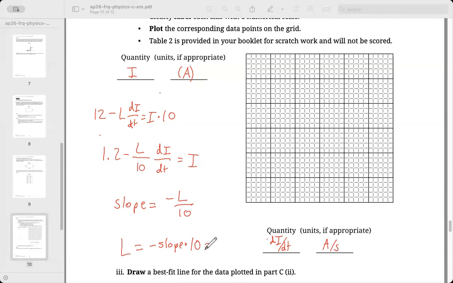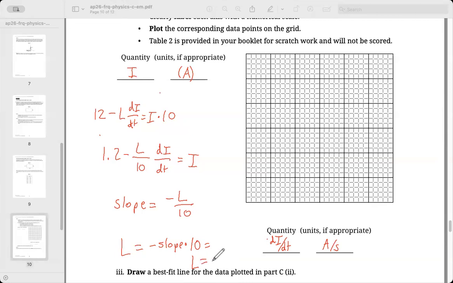Now I've got my graph plotted in Desmos along with my slope. Again, what you would want to do is plot your data in this grid space, approximate two points on the line, and use those to calculate your slope and say which points you're using. But for the sake of time, I'm not going to do that.